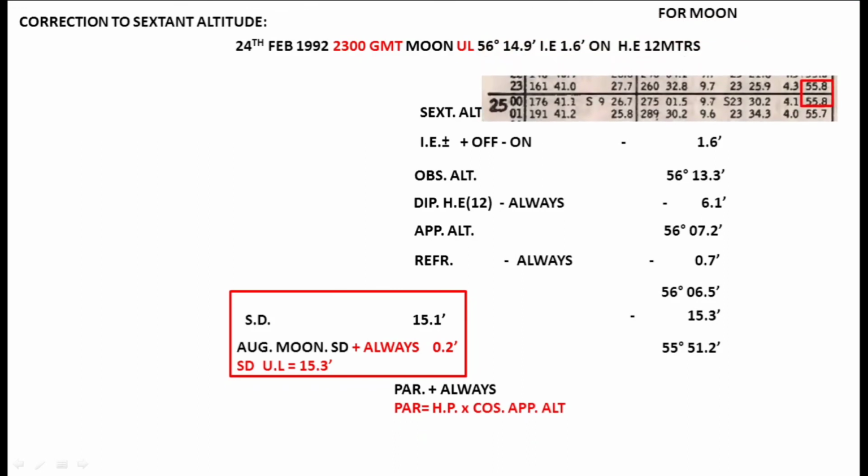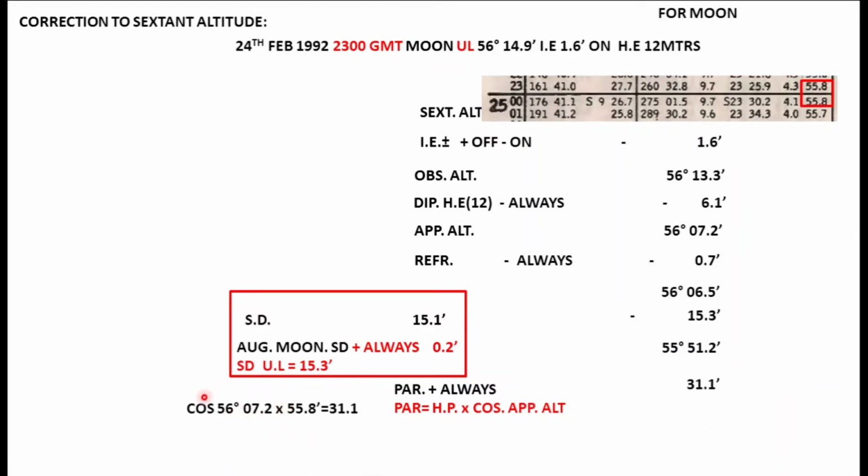Now next is parallax. Parallax for the moon is HP into cos of apparent altitude. I go into the date of the 24th here, time is 2300 hours, and my HP is 56.5, 55.8.